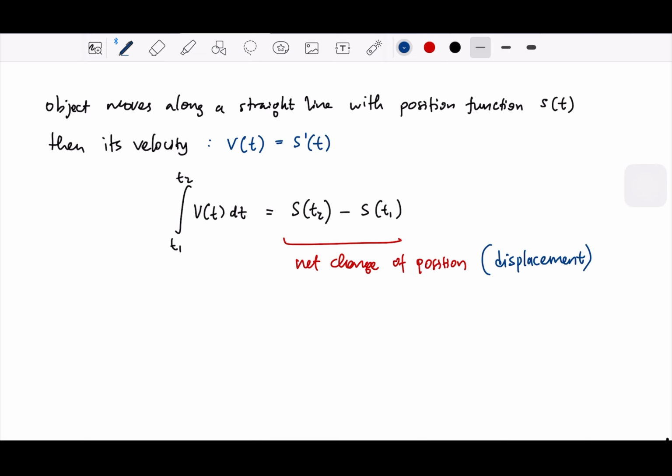Okay. But how about the distance the object travels? We know this is displacement, okay?